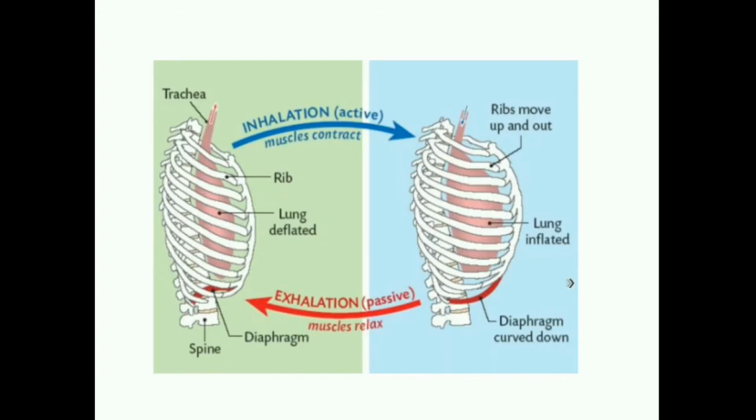While going with inhalation, muscles undergo contraction, leading to inflation of the lung. Whereas in the case of exhalation, both the muscles undergo relaxation, leading to deflation of the lung, and automatically it allows air to move from the internal atmosphere to the external atmosphere.